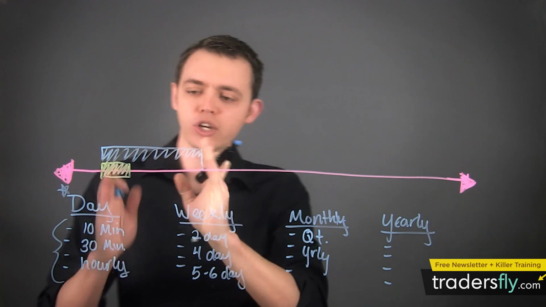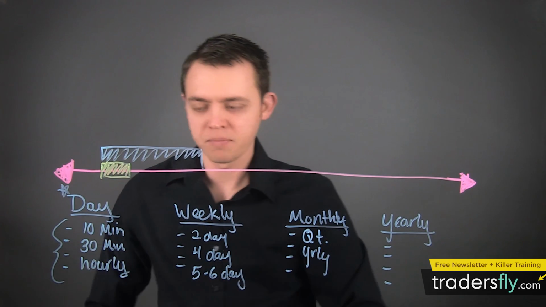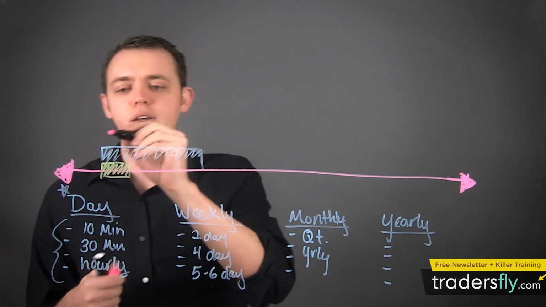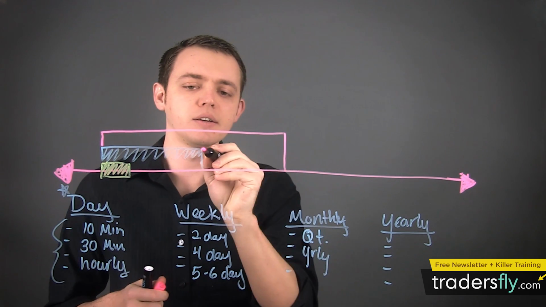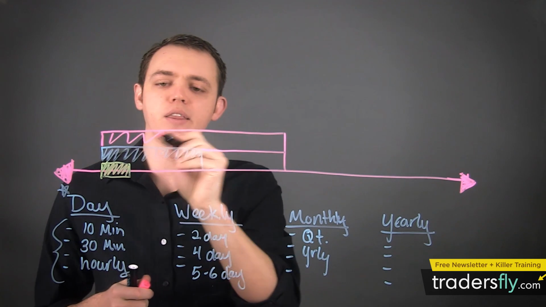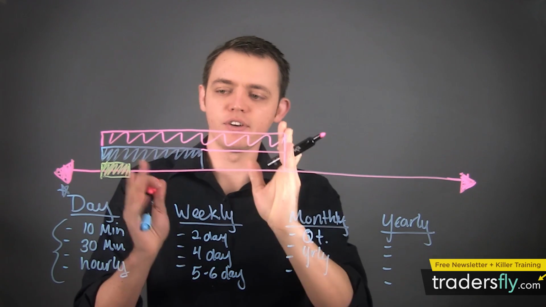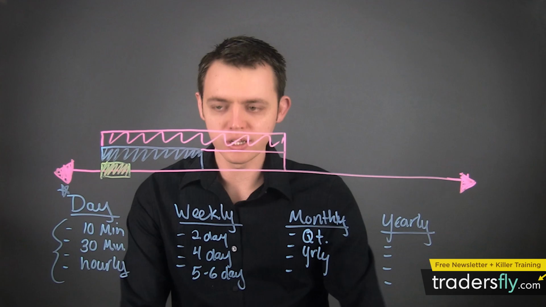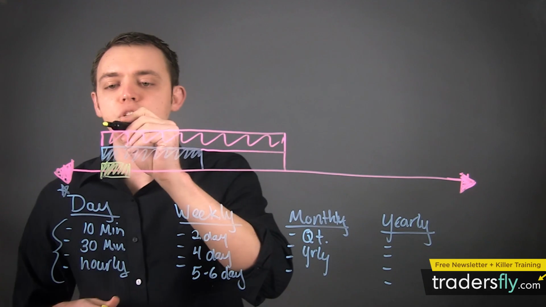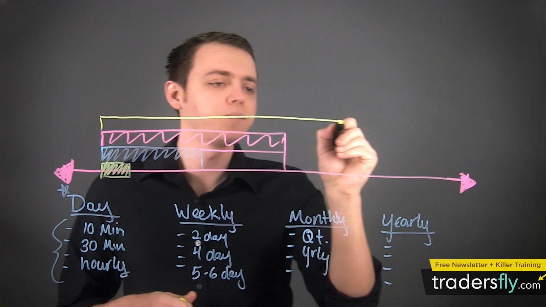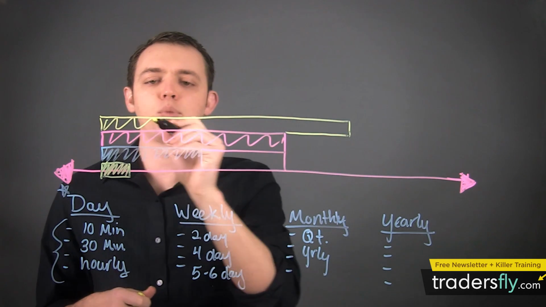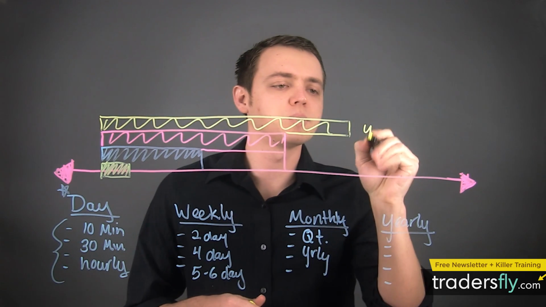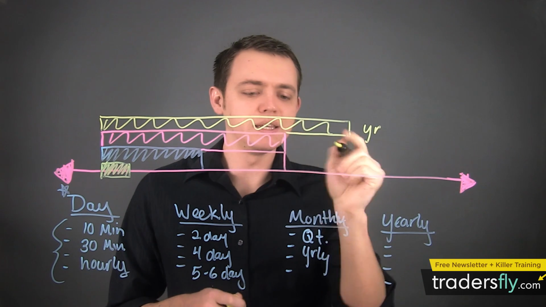Then you get into the monthly, which covers this range of time, and the yearly may cover even much more. You can see how these start covering more and more time. This will be the yearly, and this will be the monthly.